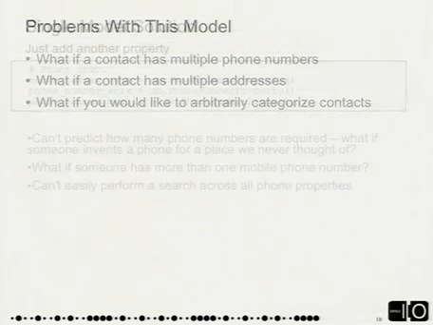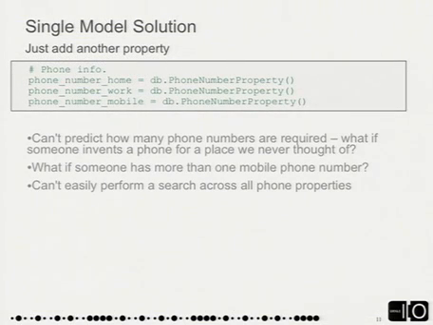Now, there's a really simple solution that we can use to try to fix the problem. We can just define a number of additional fields to capture all the different types of phone numbers that we expect the user to have. So here we have a home phone number, a work phone number, a mobile phone number, and that seems like a pretty simple solution. We're still constraining ourselves to one simple entity.